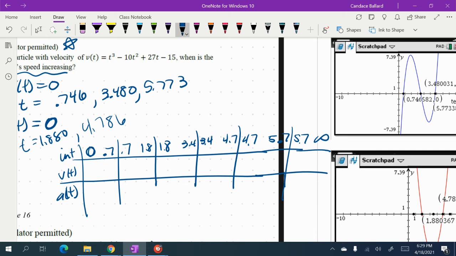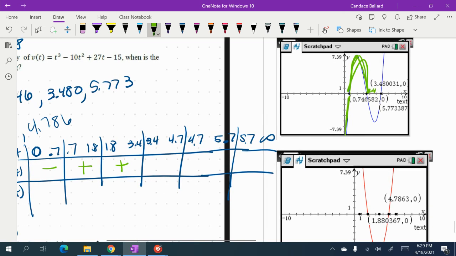I'm going to start by looking at where we're above and below the axis for velocity. From 0 to 0.7, that is below the axis. From 0.7 to 3.4, I'm above. Then from 3.4 to 5.7, I'm below.